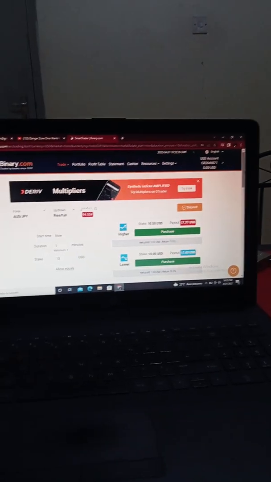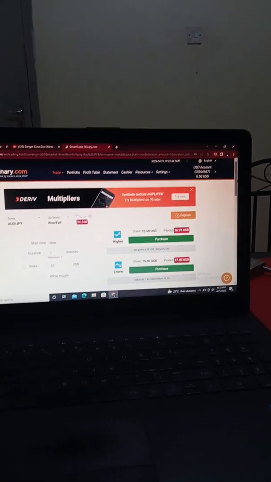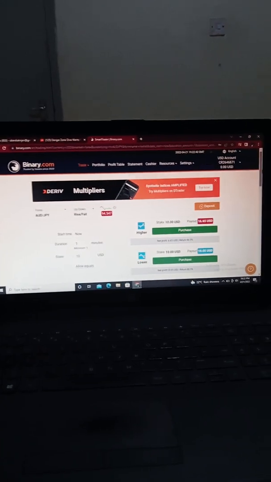That's one benefit of the binary trading platform. And if you're in Kenya, binary.com allows you to deposit and to withdraw your money through M-Pesa and other M-Pesa payment affiliates.